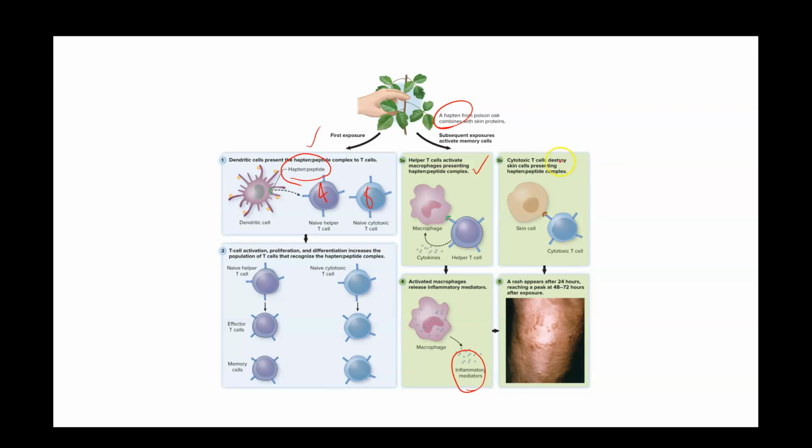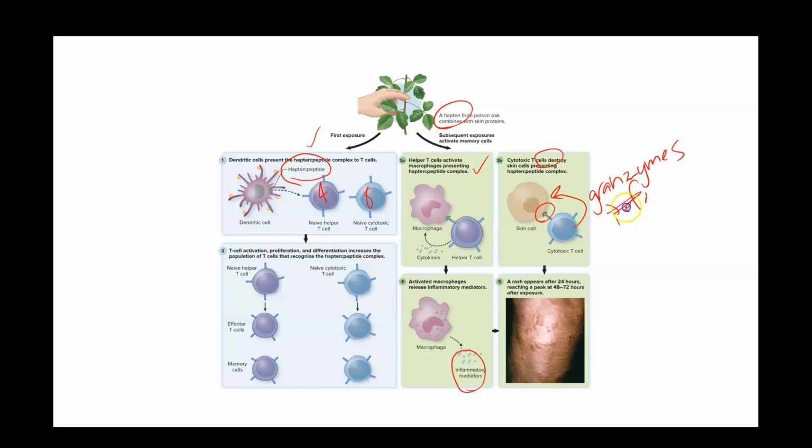On the other hand, our cytotoxic T cells are going to destroy any skin cells that are also presenting this hapten peptide complex. Because remember that these cytotoxic T cells will dump things like granzymes, and what's the other one? Perforins, right?